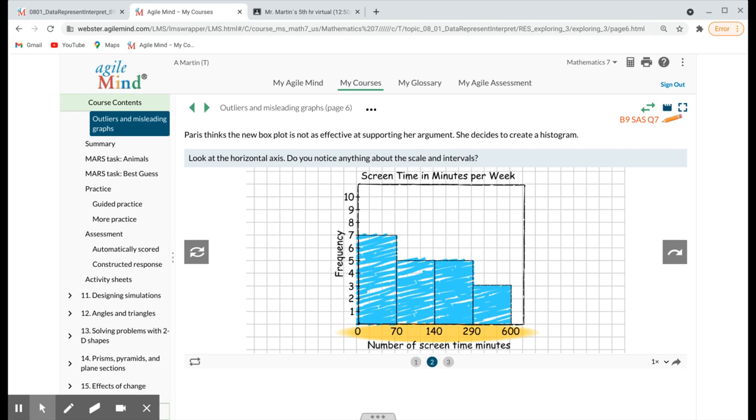So what would you do to create a histogram that is not misleading? What would we need to do? Fix the intervals. That's it. Just fix the intervals.